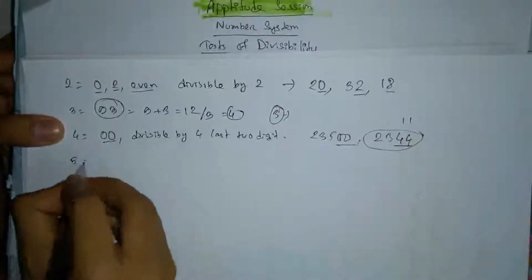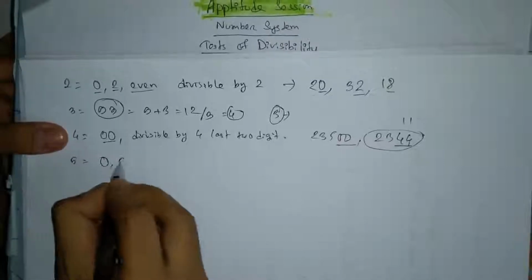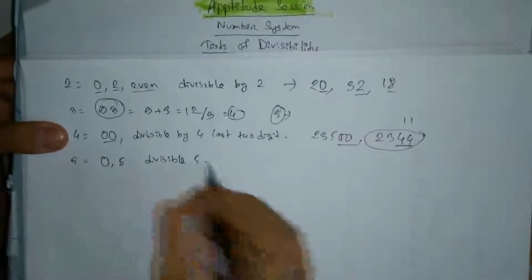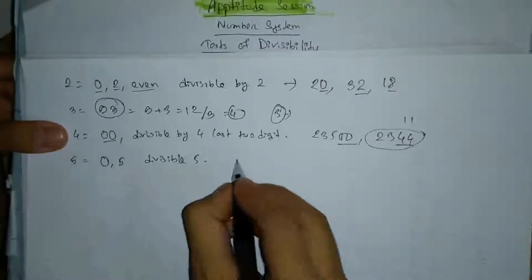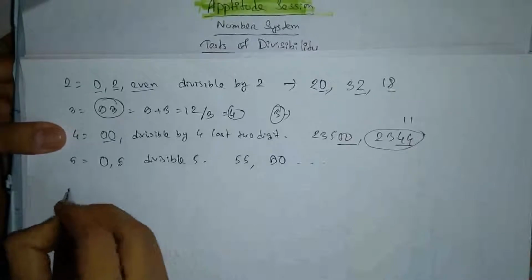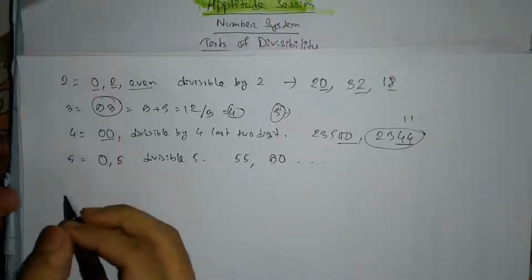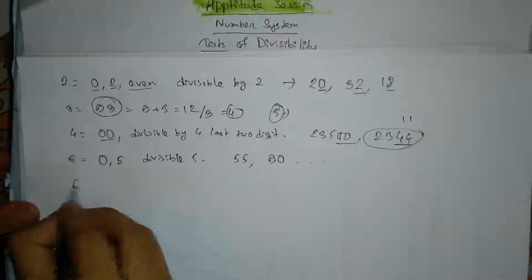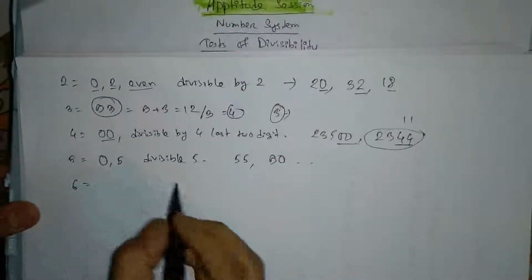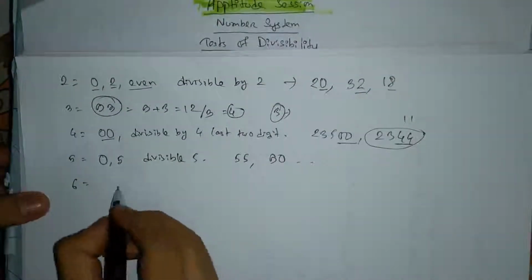In case of 5, if the last digit of a number is 0 or 5, then the number will be divisible by 5, like 55, 90, etc. In case of 6, if the number is divisible by 2 and 3 both, then it will be divisible by 6.